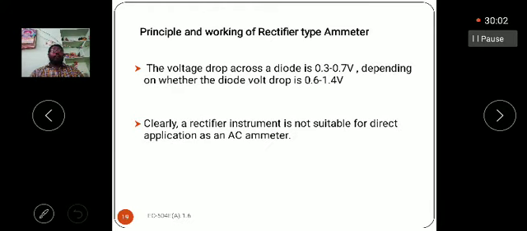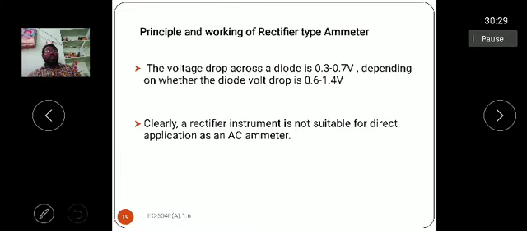The voltage drop across the diode depends on the material: silicon or germanium, giving different voltage drops for the diodes.